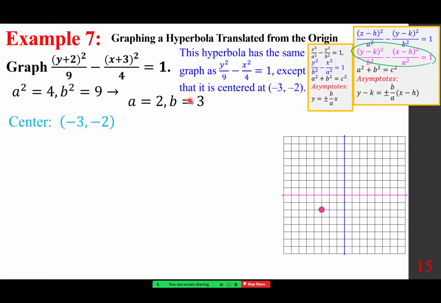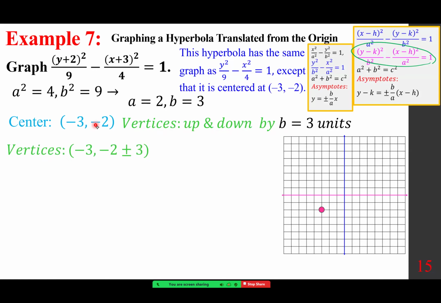This is the center, -3, -2, and the vertices are up and down by b, which is 3 units. That means the y coordinate, we're going to add and subtract 3. So when you subtract, you get -5. When you add, you get +1. So you locate those pairs. Those are your vertices.